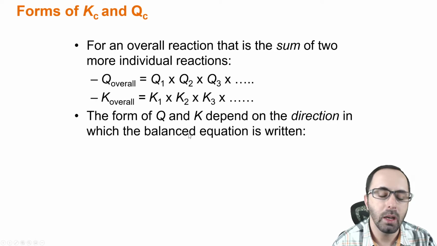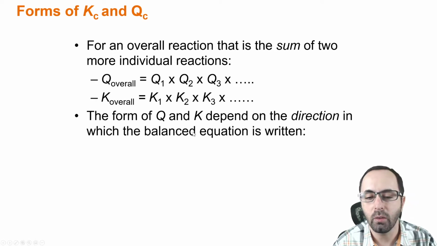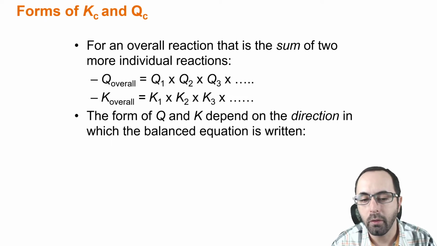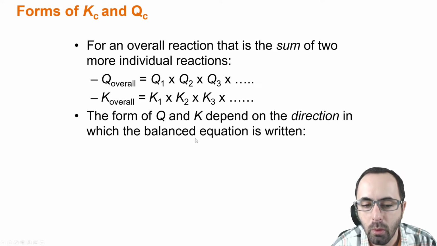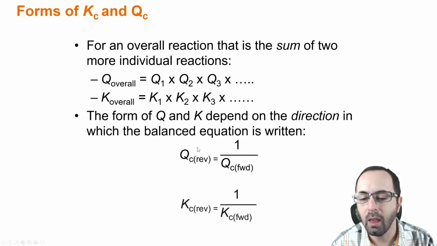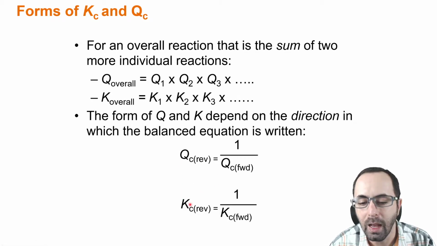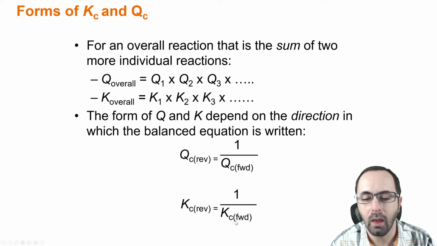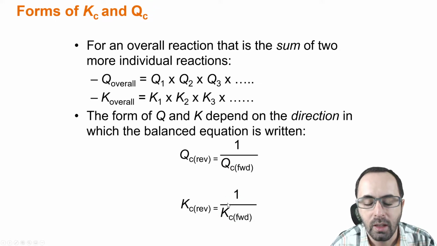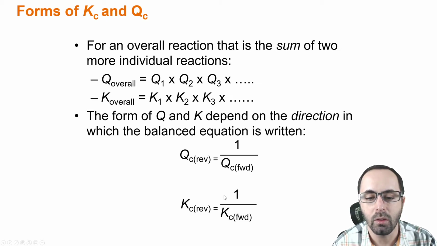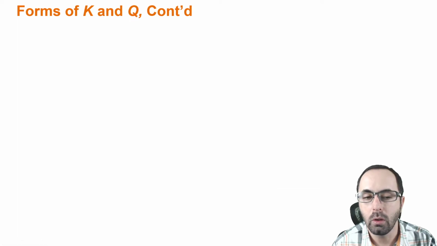What about if we manipulate the reaction? We have various ways of manipulating reactions. We can reverse them. We can multiply all the coefficients by a whole number. If we reverse the reaction, the Q or the K gets flipped. So the Q or the K for a reverse reaction will be 1 over the Q or the K for the forward reaction. Again, I'll show you an example of this in a moment. These are just a statement of the rules, but you'll see why they hold with the example.